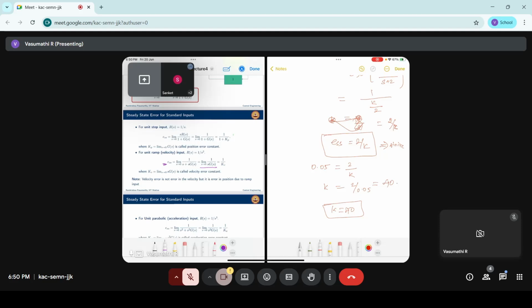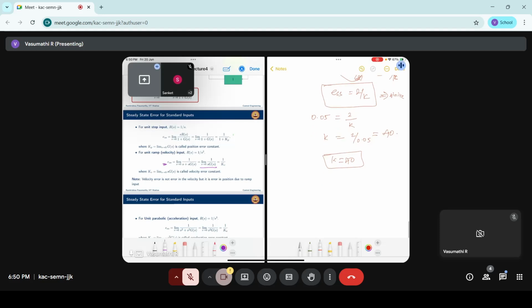Okay, good. So if they have given K and asked you to find Kv, or velocity constant, you have to find this step. That's it. You have to find the answer for this step and just invert it, you will get the K. Okay, we'll move forward to the second question if you don't have any doubts.